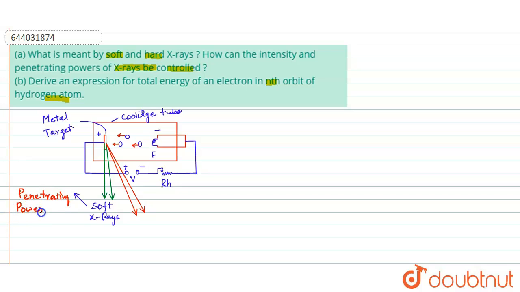That is why they are known as soft X-rays. And why is their penetrating power low? Because they have less energy than hard X-rays. Why do they have less energy? Because their frequency is slightly less than that of hard X-rays. They have low energy.